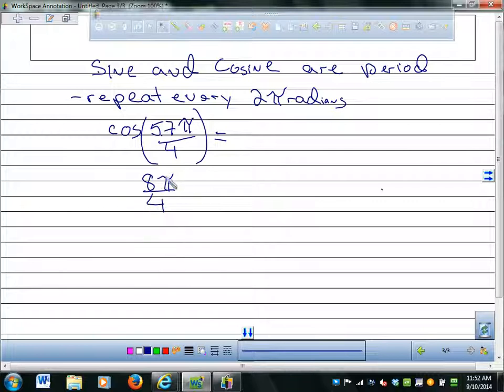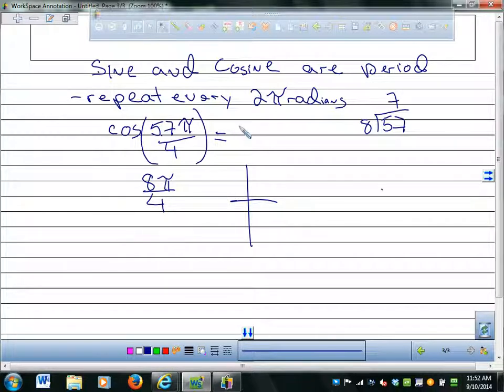So there's 7 of these in here. Basically, if I divided 8 into 57, I get 7 with 1 pi over 4 left over. You get that? Okay, so I go around the circle 7 times, and then I'd have 1 pi over 4 left over.